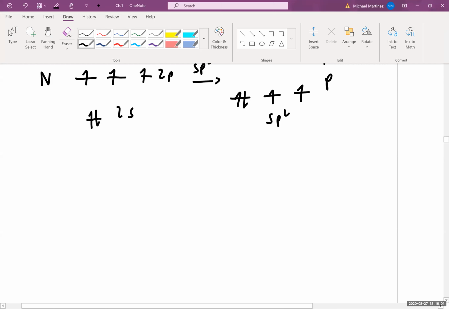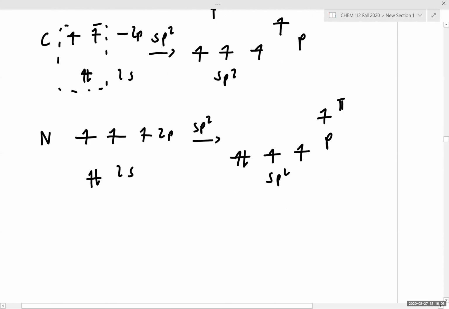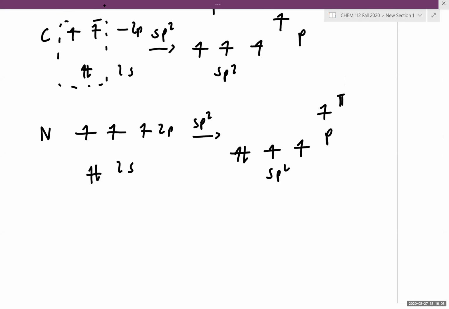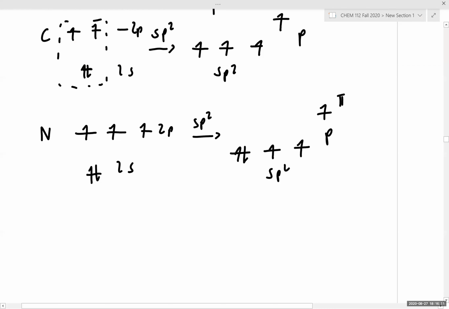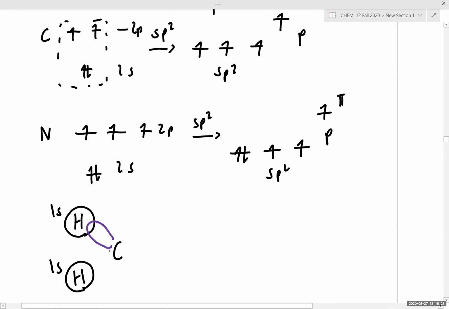Let me scroll up just a little bit so that carbon's still in view. There we go. Okay, so to start off with, carbon is bonded to 2 hydrogen atoms. So these hydrogens are going to contribute a 1s orbital, and carbon, from its 3 hybrid orbitals, will have 3 sp2 orbitals: 1, 2, and 3.